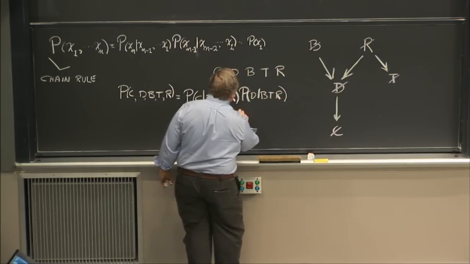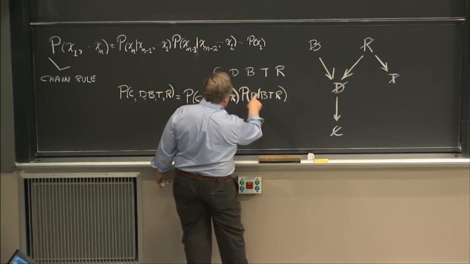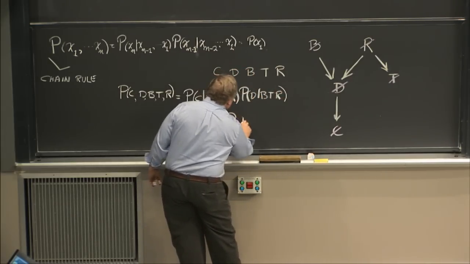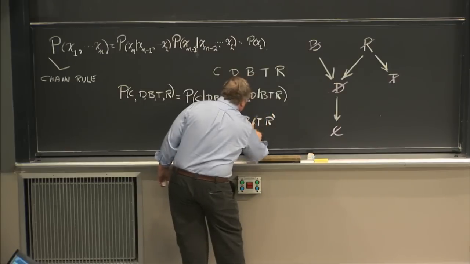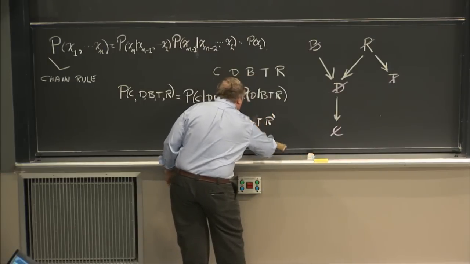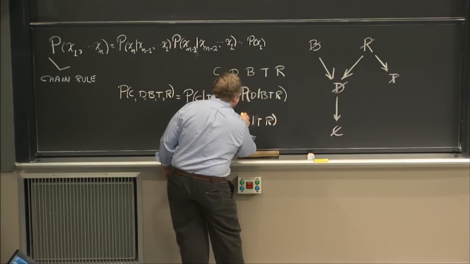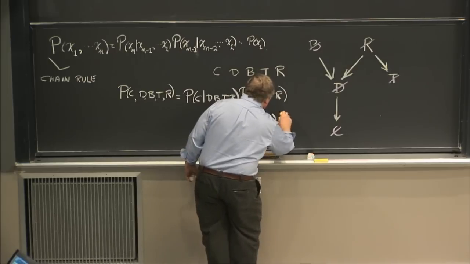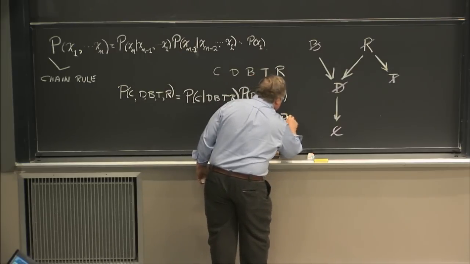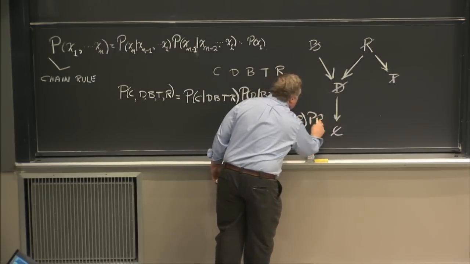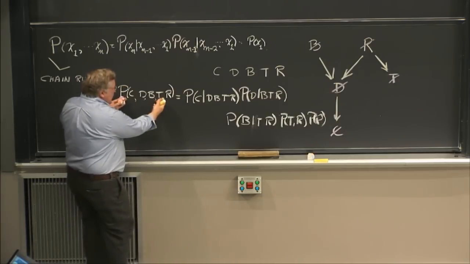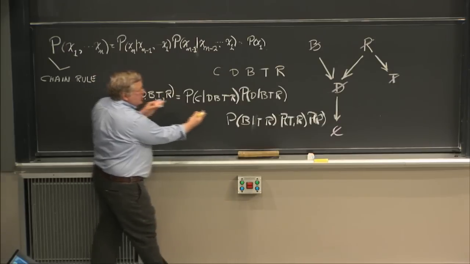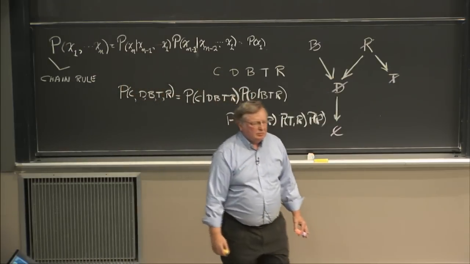Next in line is B, given everybody else. And next in line is T, given everybody else. And finally, just R. So this combination of things has a probability that's given by this chain rule expression.